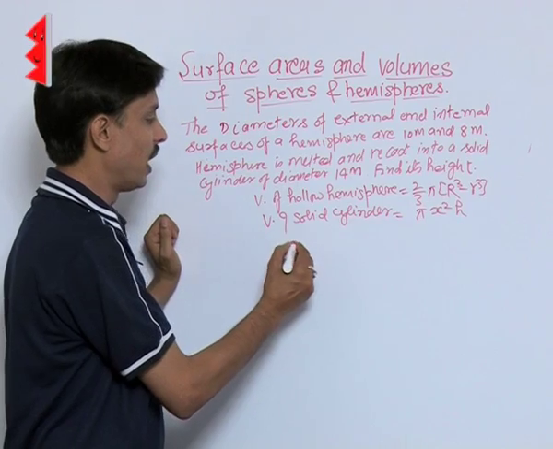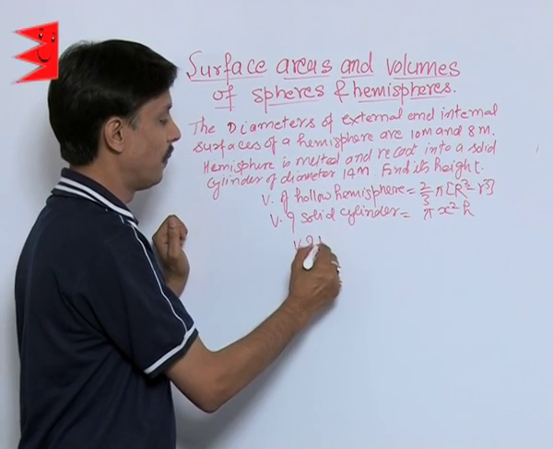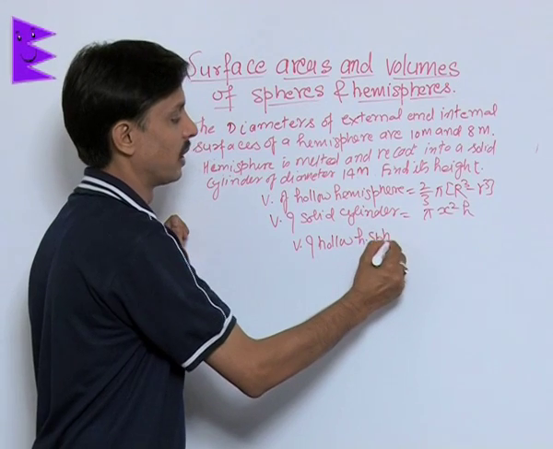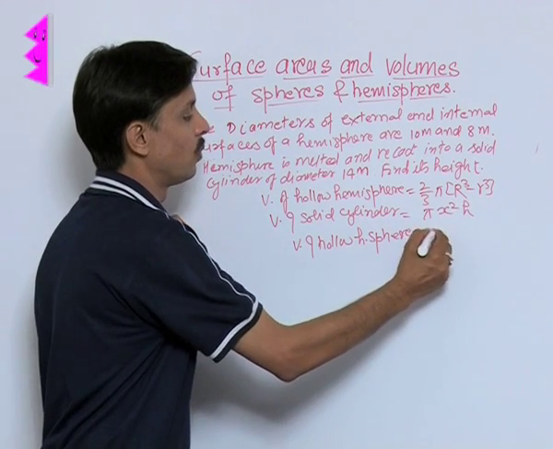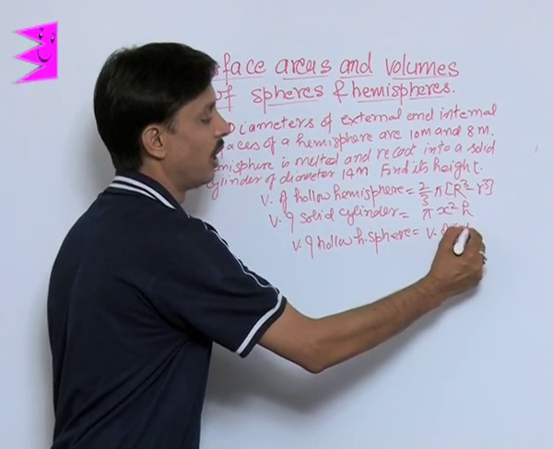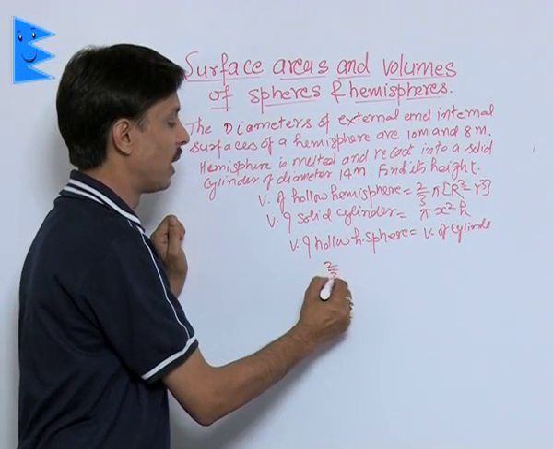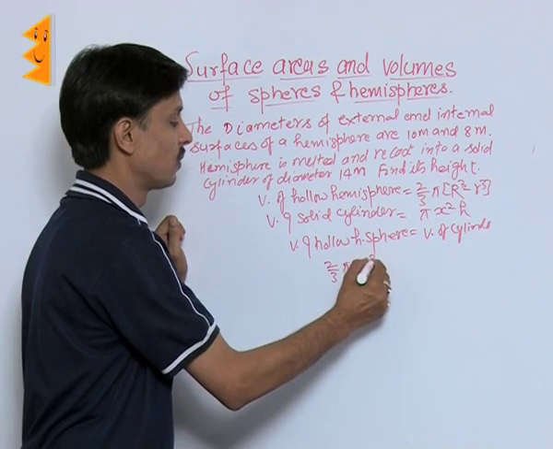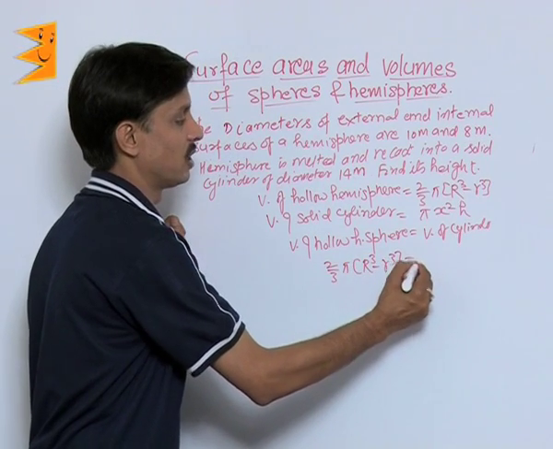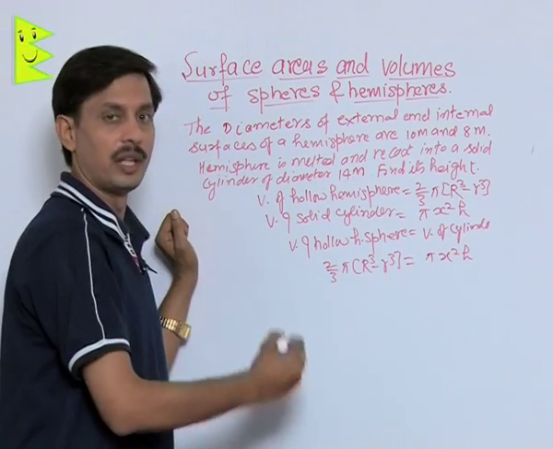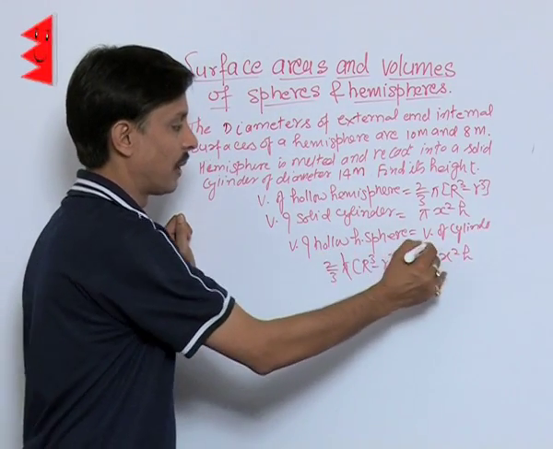You can say that the volume of the hollow hemisphere is equal to the volume of the solid cylinder. That is, the value of 2 by 3 pi capital R cube minus small r cube is equal to pi x square h. So this pi and pi get cancelled.